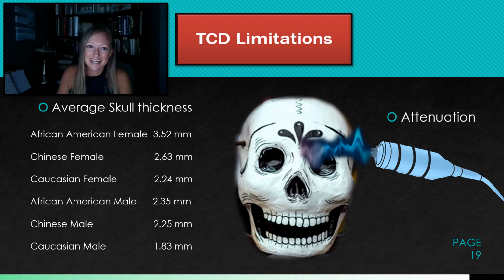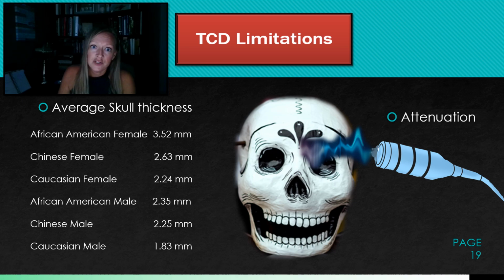Fortunately, TCD does have its limitations, and one of the biggest limitations is getting through the temporal window. So with the skull thickness on different nationalities and female versus male, there are limitations that take place. On average, elderly African American females will typically have the most difficult temporal window to insonate through.